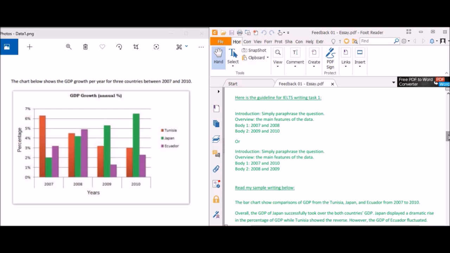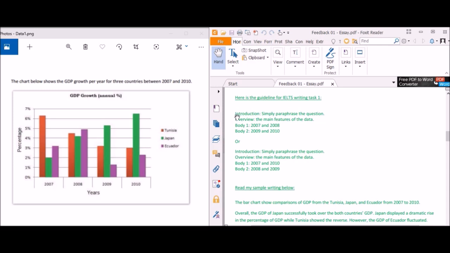Please pay attention to this simple template. We need to pay attention to the template, which we use for writing a data report in an academic way.